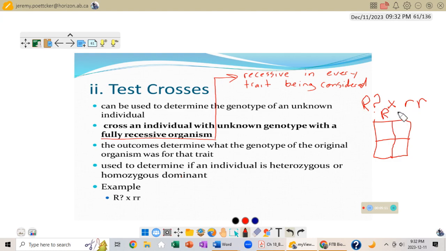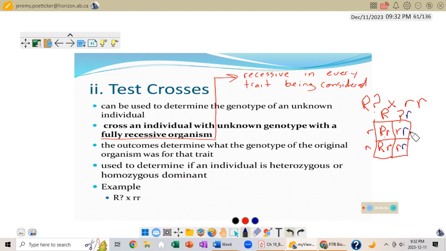And so depending on what this question mark allele is, what we will find out is that if this male is heterozygous, that is, it's got a little r allele where this question mark is, so if this question mark, I'm going to show it in blue, is little r, then we're going to have little r that we get from our fully recessive individual, and little r from the male.